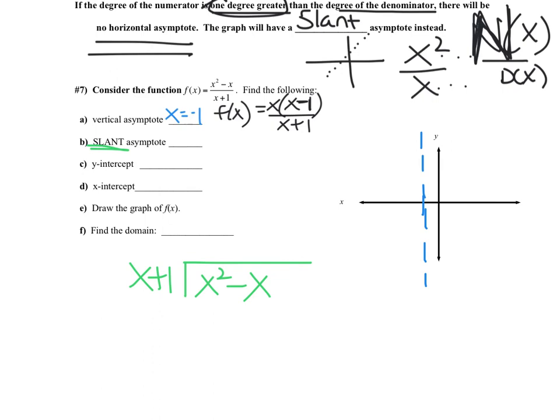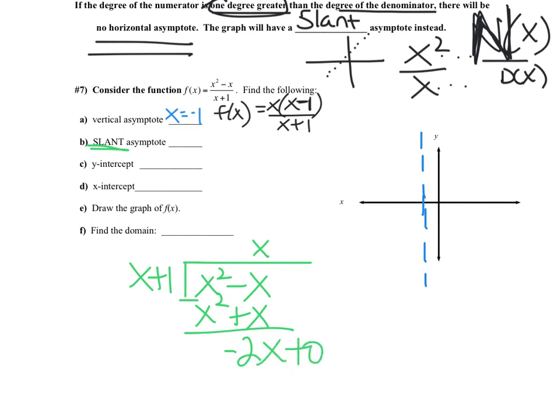So what times x is x squared? That would be x. I get x squared plus 1x. I subtract, x squared minus x minus x is -2x, and then bring down nothing, which is 0.